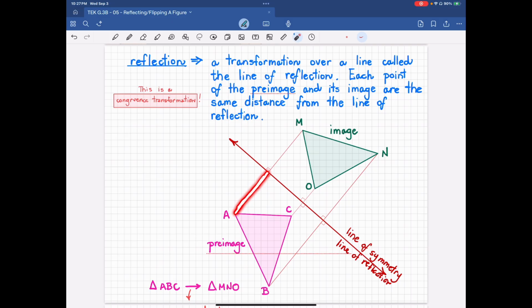Then I take that exact same distance and measure it from the line of symmetry out along the same perpendicular line. At the end, I put my new point, the reflected point, and that is M.